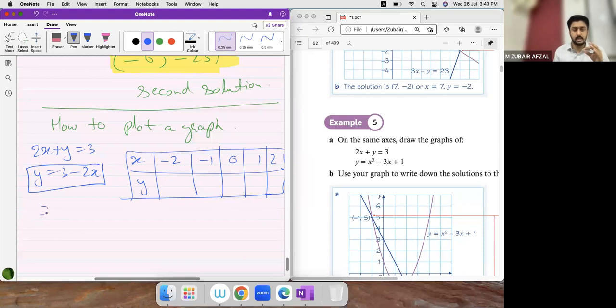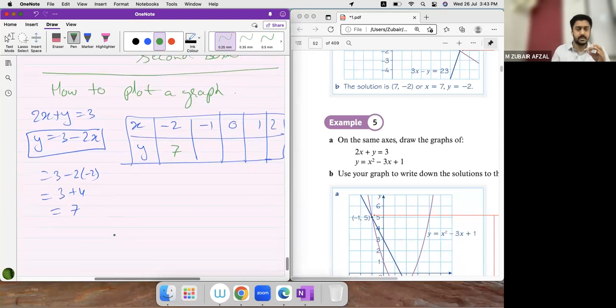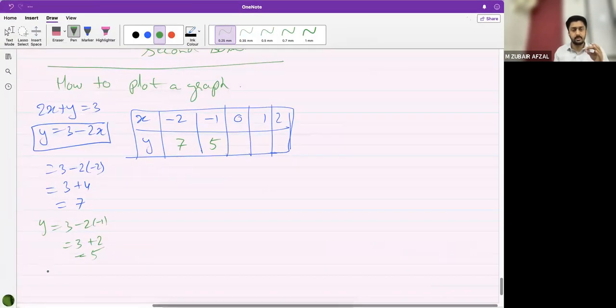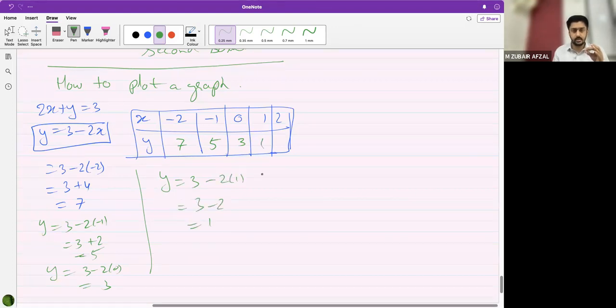If x is -2, I get 7. If x is -1, 3 minus 2 times -1, so 3 plus 2, I get 5. When x is 0, y is 3 minus 2 times 0, I get 3. When x is 1, y is 1.